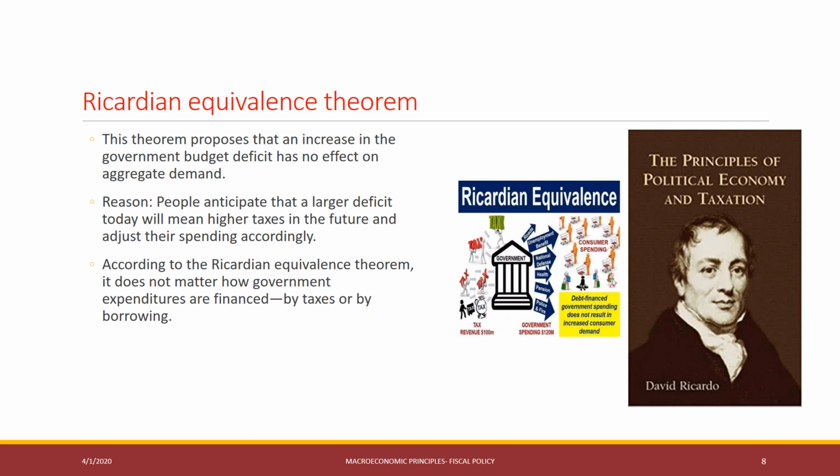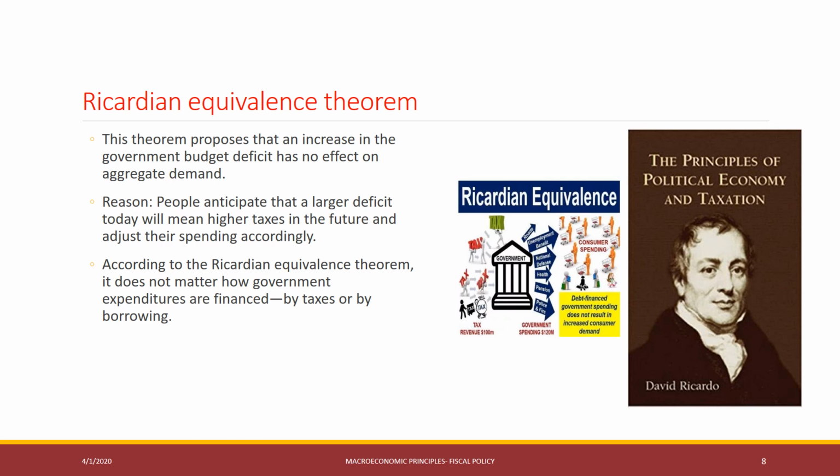As per his theorem, people anticipate that a larger deficit today will mean higher taxes in future and adjust their spending accordingly. According to the Ricardian equivalence theorem, it doesn't matter how government expenditure are financed, whether by taxes or by borrowing.